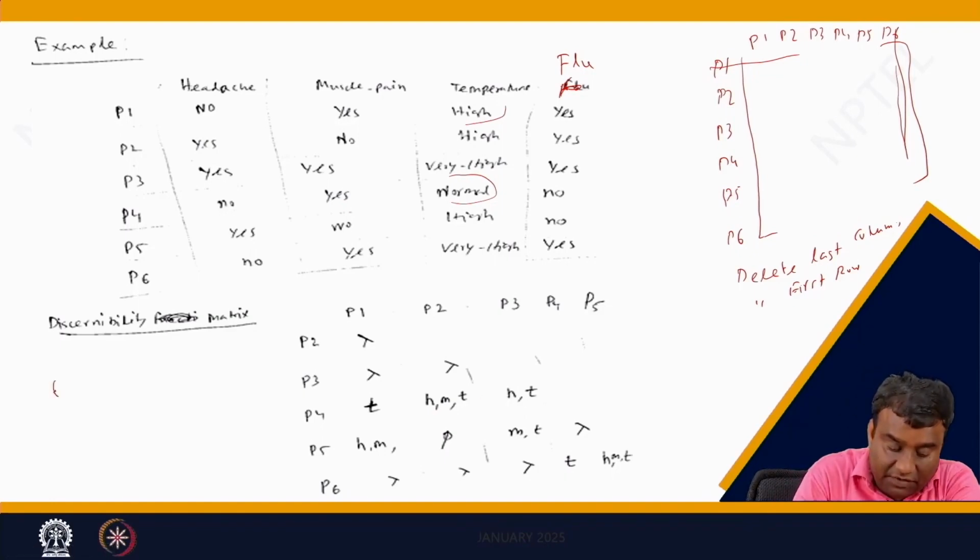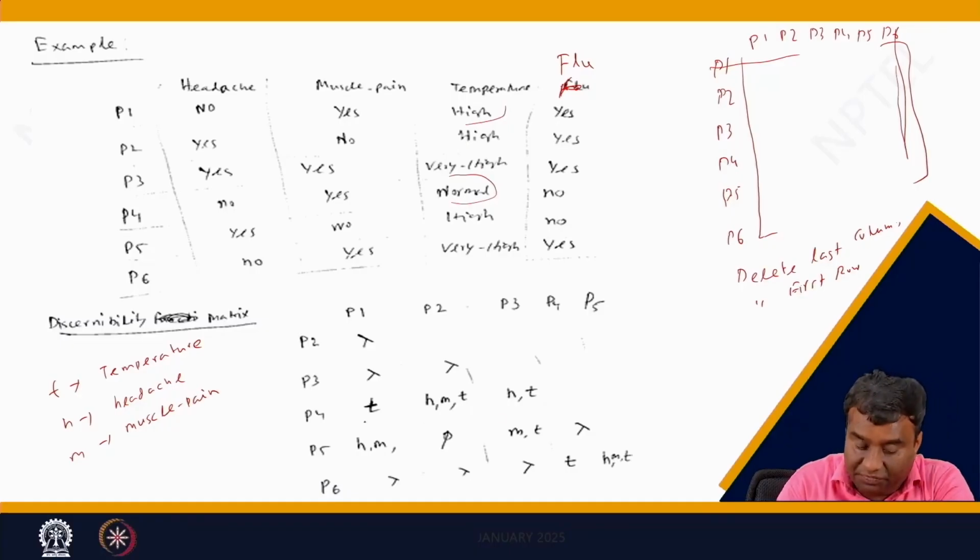So T for temperature, H for headache and M for muscle pain. Now compare P4 and P3, here also the decision is not same, so headache is different, muscle pain is same, so H and T.